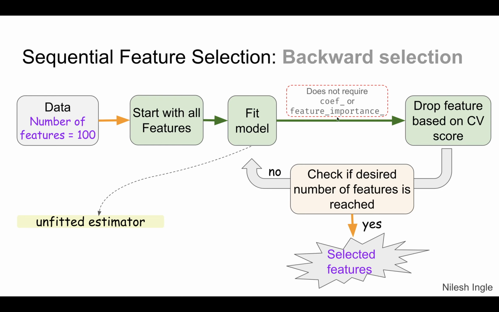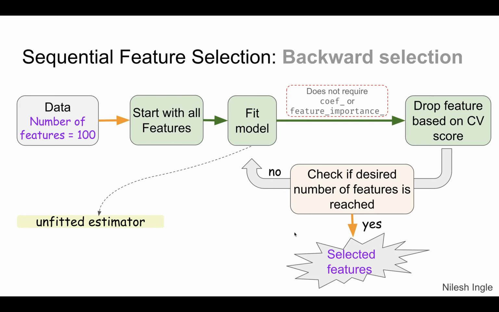Here there is no need for the coefficients or the values for feature importance. You start with all features, and then you narrow down to the features that are important, and once the desired number of features is reached, that's when you stop the iterations.